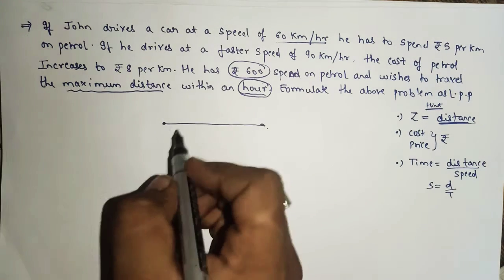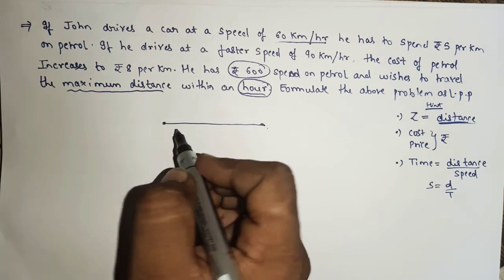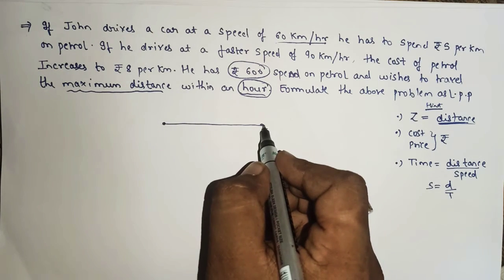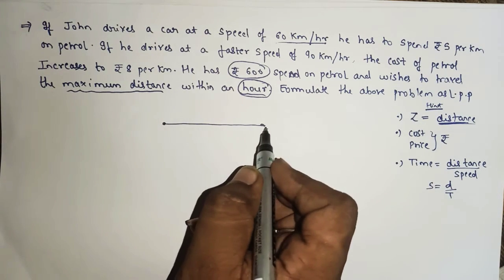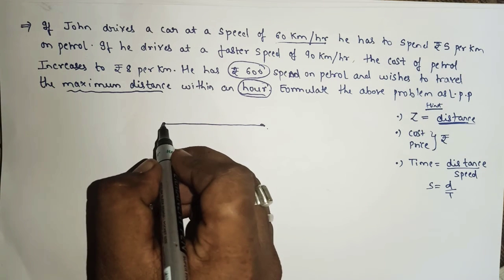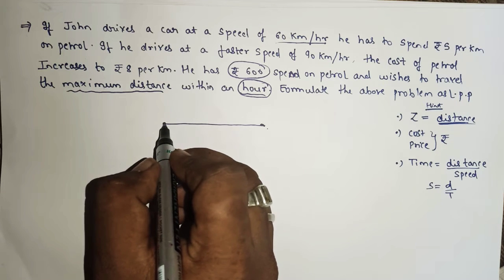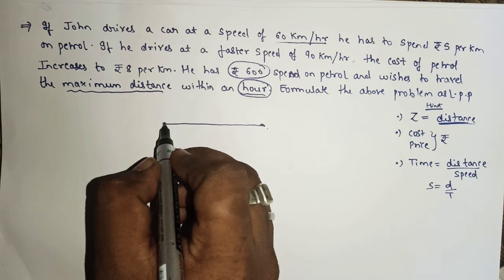Suppose he is starting his journey from this point and he has to travel till here, and he has to cover a certain maximum distance within an hour. Suppose he started his journey from here, he drives a car at a speed of 60 km per hour and he has to spend 5 rupees per kilometer on petrol.